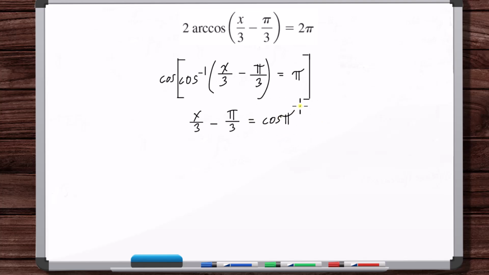This is the cosine function. We don't have to think about the idea that, since we introduced cosine, there are all these potential values. That doesn't matter. Cosine of pi we know is -1. So we've got x minus pi divided by 3 is -1. So x minus pi is equal to -1. So x is equal to pi minus 1.